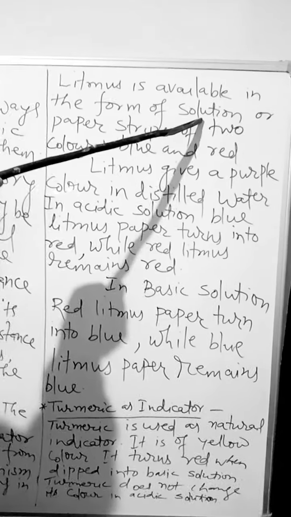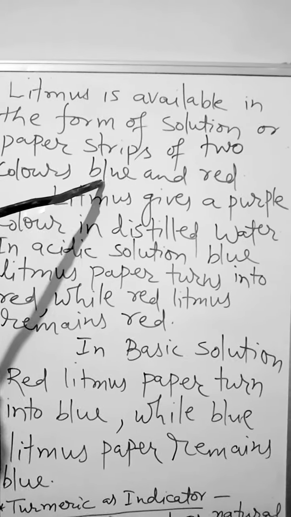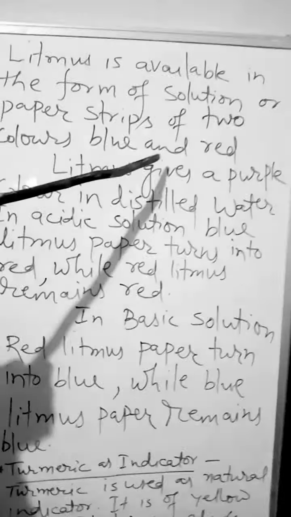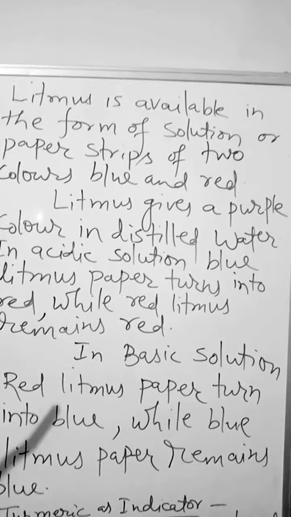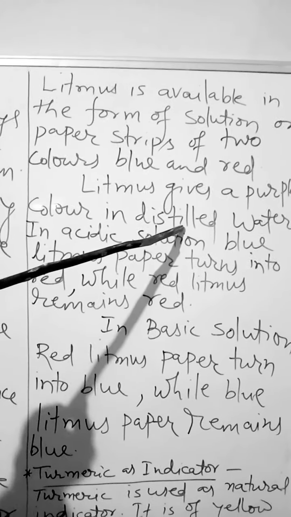Litmus is available in the form of a solution or paper strips of two colors, either blue or red. Litmus gives a purple color in distilled water.